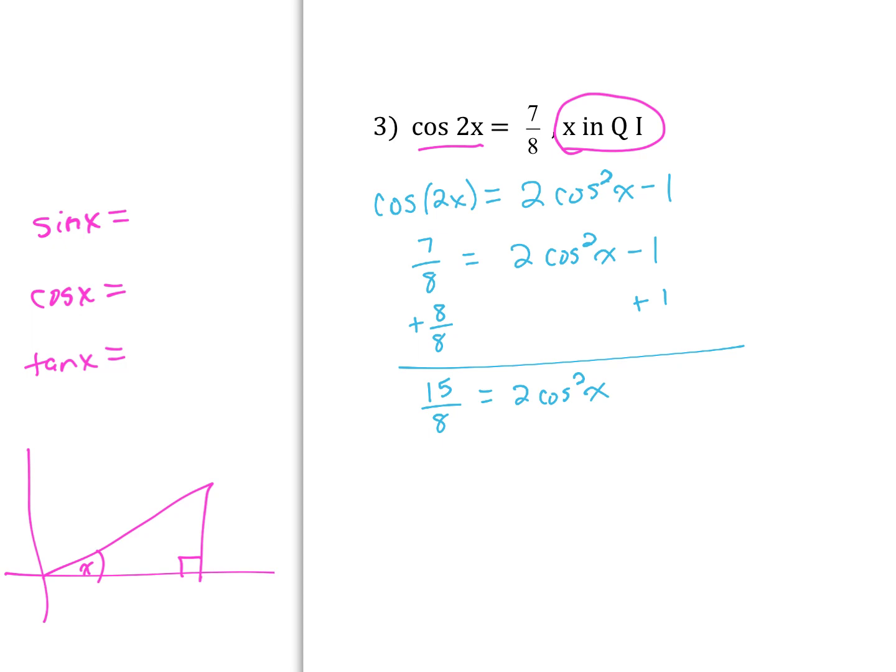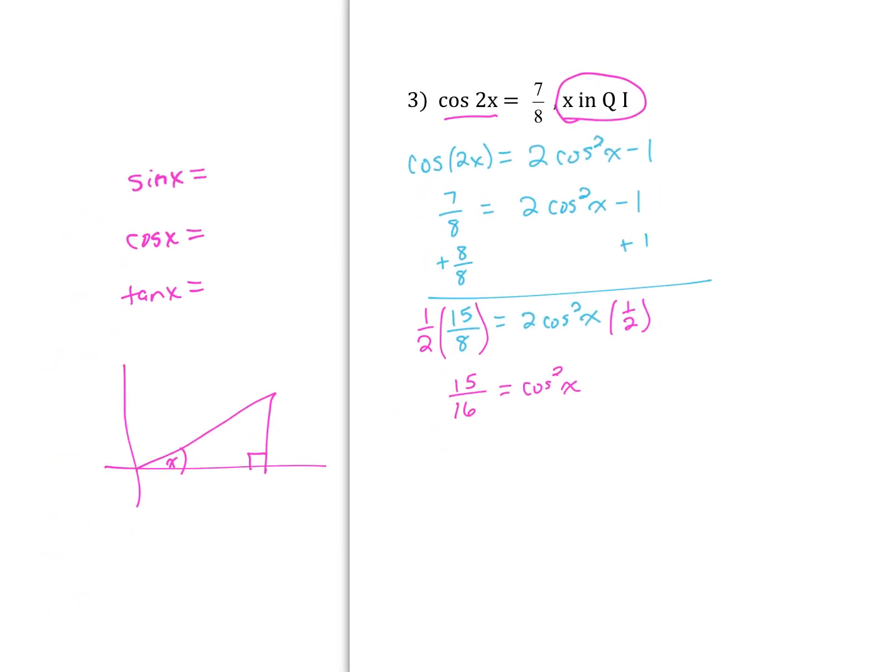And instead of thinking of this as dividing by 2, I'm going to write it as multiplying by a half so that my fractions are a little bit easier to work with. So I get that we have 15 over 16 is equal to cosine squared x.